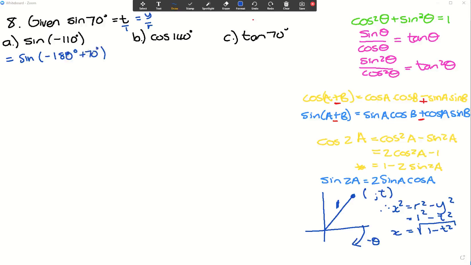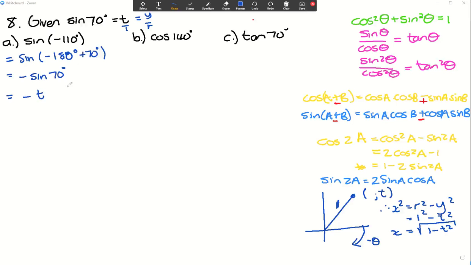So when I've got a negative angle plus 70, we're going around minus 180, adding 70, and we end up in this quadrant. So we end up getting a negative sine 70 degrees, which simply makes me have a negative t, because sine 70 is equal to t, so minus sine 70 is going to be minus t.